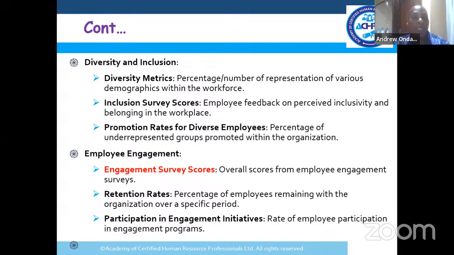Secondly, on employee engagement, is the retention rates. This suggests that employees who are disengaged are likely to leave the organization. So for us to retain these employees, we need to ensure that we put in place strategies to ensure that they remain with the organization.